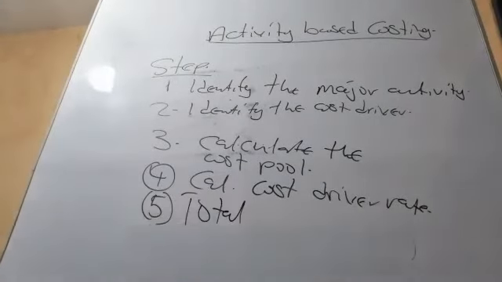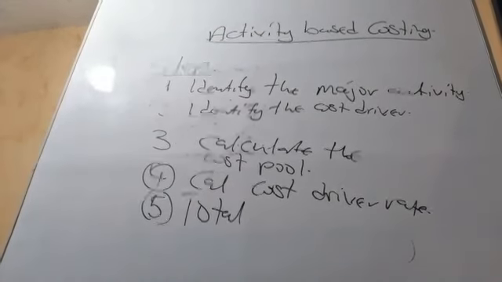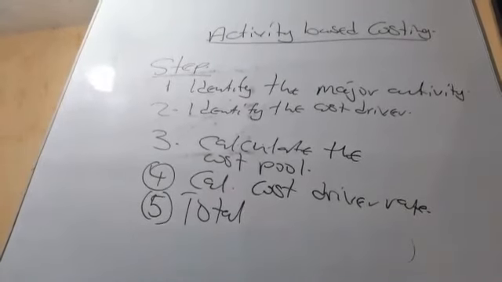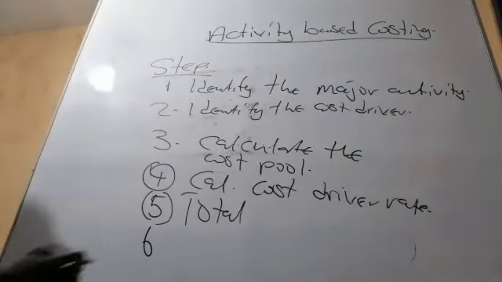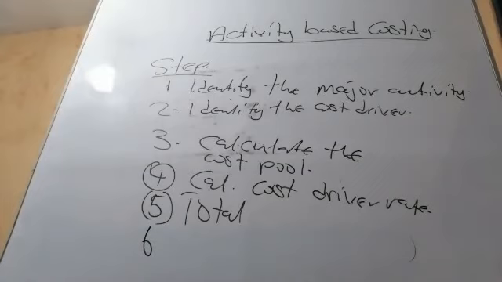Total overhead cost or overhead rate for each product, for each major activity. So for each major activity, calculate the total overhead cost. I call it totality. Then you can go in for the 6th one, the overhead recovery rate per unit.